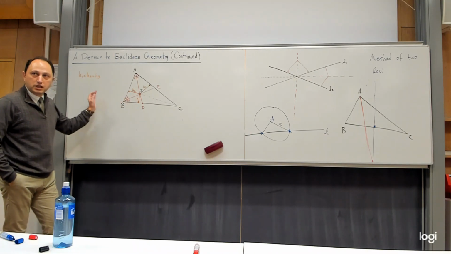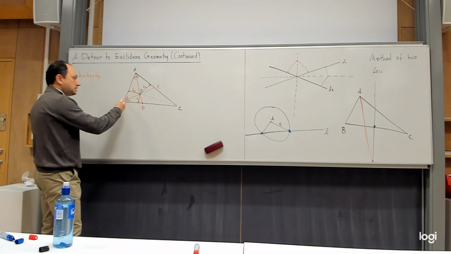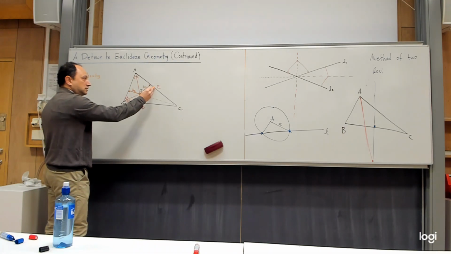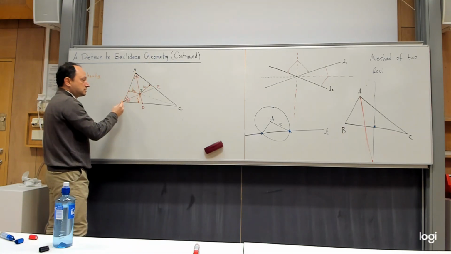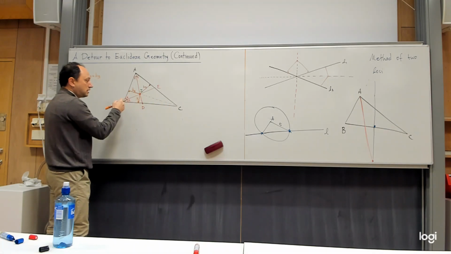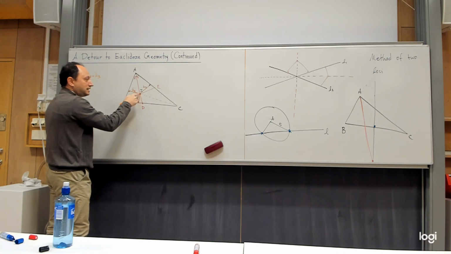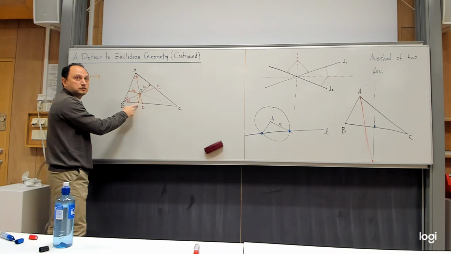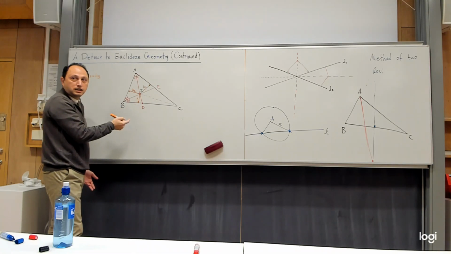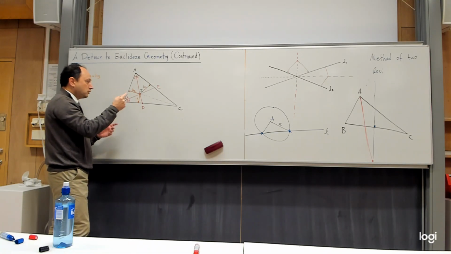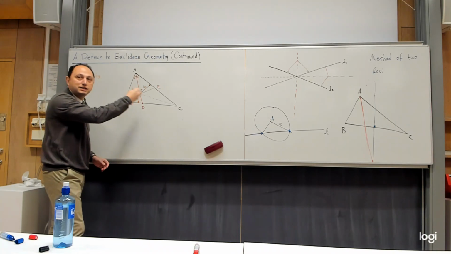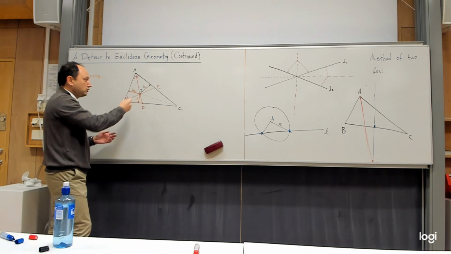Very simple, because we just showed that. This one is the angle bisector of this, and every point on the angle bisector is equidistant from the sides. So that's it. Of course what you wanted to show is correct, but we have already done it, so we don't need to do it again.